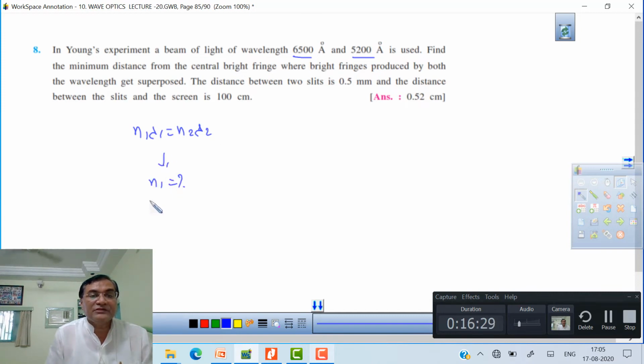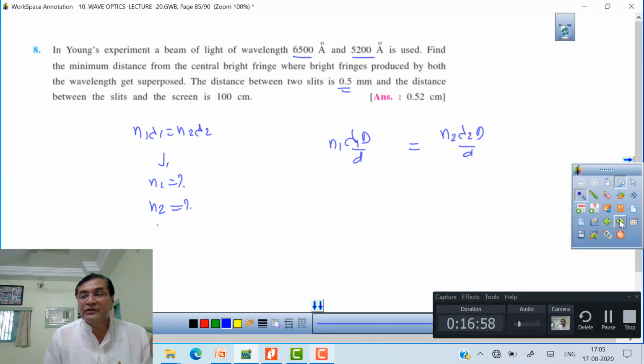From that you find out what is n1 and what is n2, and from that you can find the distance between two slits. Then you have to find out where the two will superpose. So you calculate n1 on n2, then n1 lambda 1 D upon d, or you can say n2 lambda 2 D upon d. Both will be equal. We have done this problem, so I am not going into it more. You do it at home by yourself.